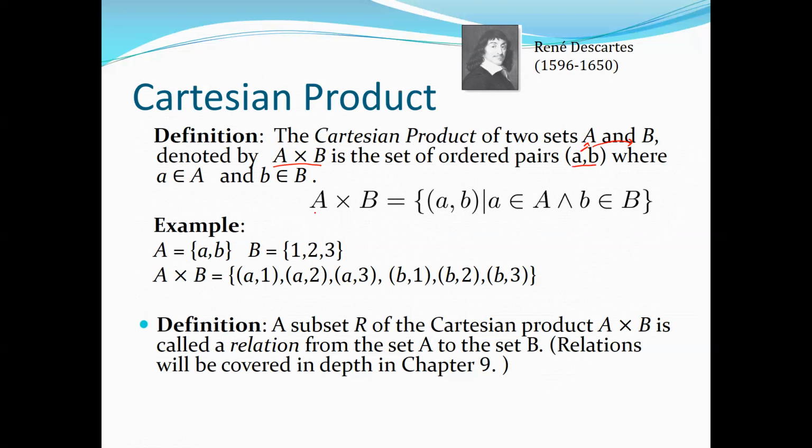So for example, A and B are two sets, and A cross B represents the set of pairs (a, b) such that a is a member of A and b is a member of B.